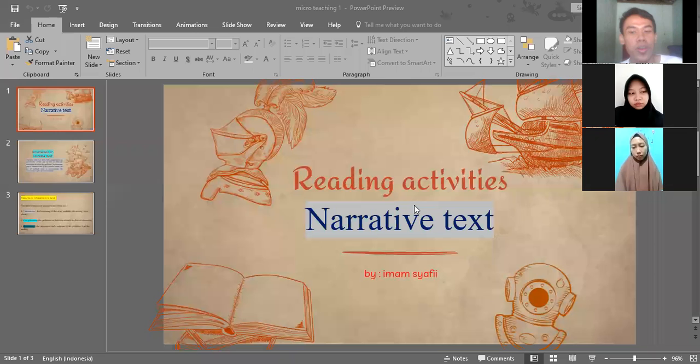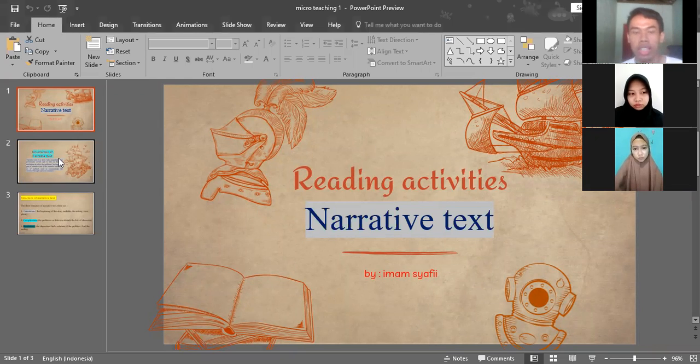Okay, reading comprehension today is about narrative text. What is a narrative text? Have you ever read some books or stories, everyone?